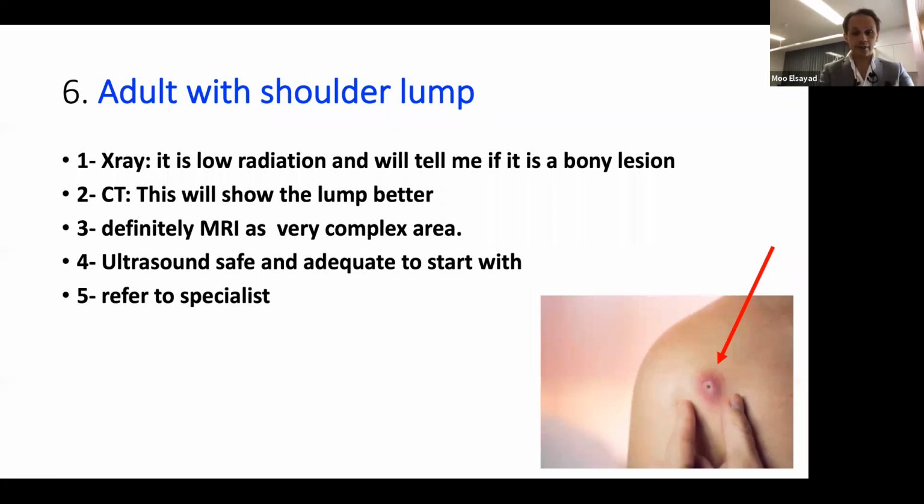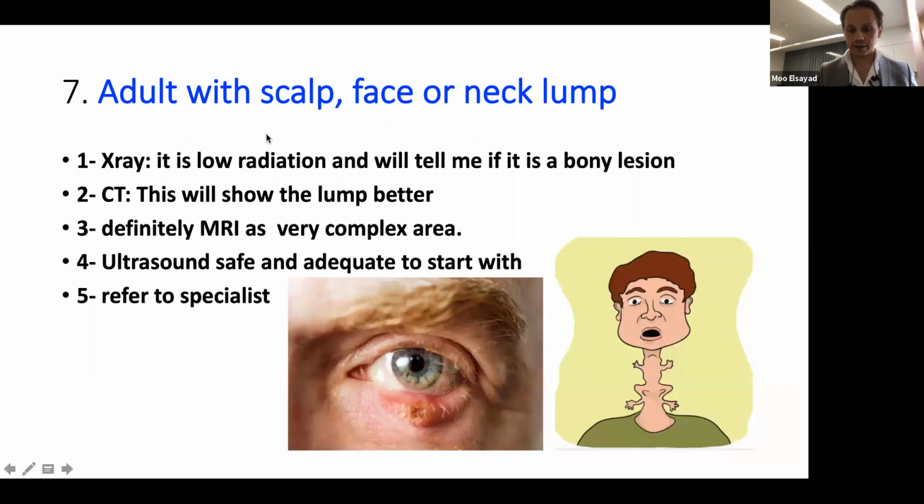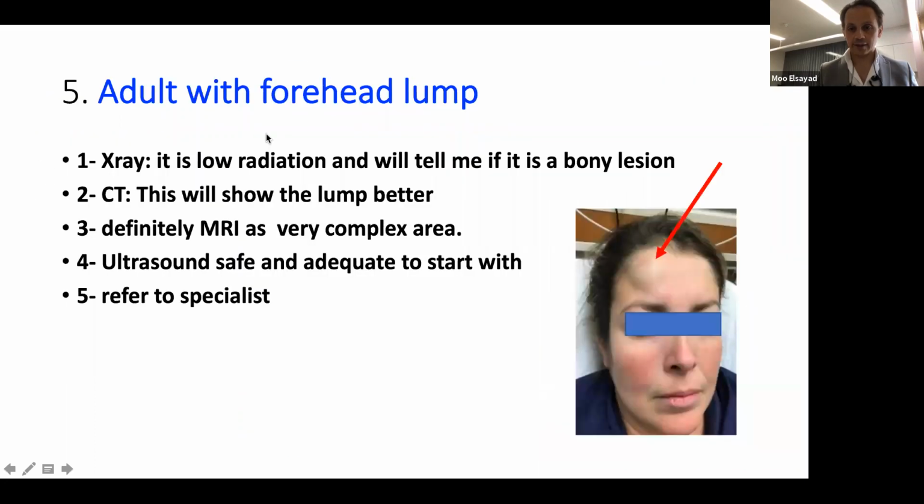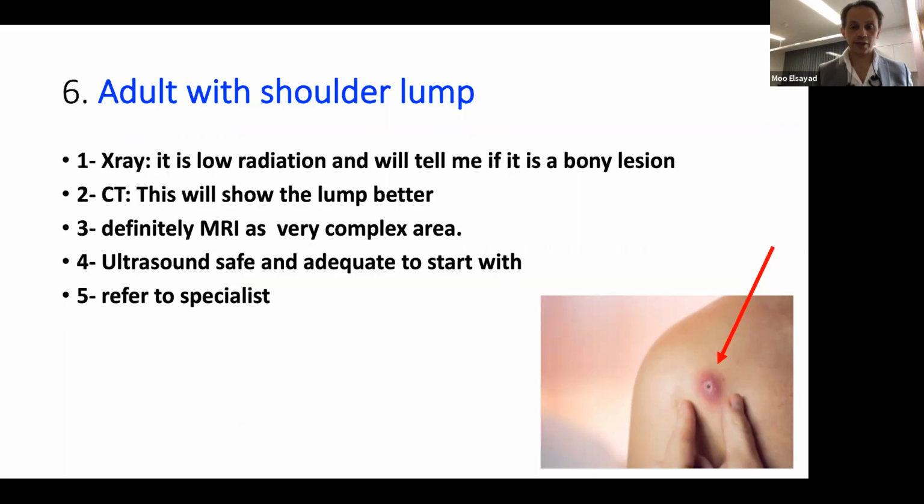I've attached the image with an arrow just to give you a bit of differentiation between this image and the image we had there. This is completely different. So if you see something like this, it looks a bit complex, a bit odd, better refer to a specialist. It doesn't stop you from doing ultrasound, but refer to a specialist at the same time.